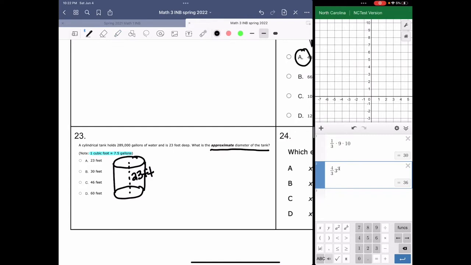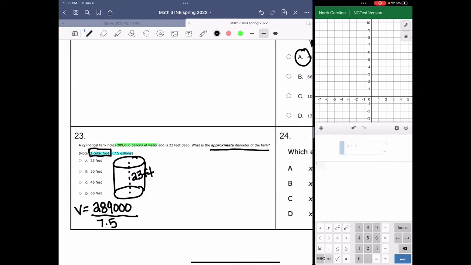And once we find that, we can find the volume by taking the gallons of water. So we know that the gallons of water here are 289,000 gallons. So if I divide that by 7.5 gallons, that's going to give me 1 cubic foot. And 1 cubic foot is 1 cubic foot of volume. So I'm going to find the volume by saying 289,000, and I'm going to divide that by 7.5.